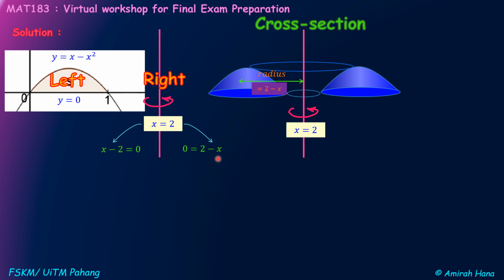Okay. Mana satu yang kita nak guna? Either x minus 2 or 2 minus x as a radius. Okay. Remember, volume always positive. So, kalau tersalah, terbalik, so volume akan dapat negatif. Okay. Which is error. So, macam nak identify radius under shell method, awak tengok kedudukan axis of rotation belah kanan shaded region.